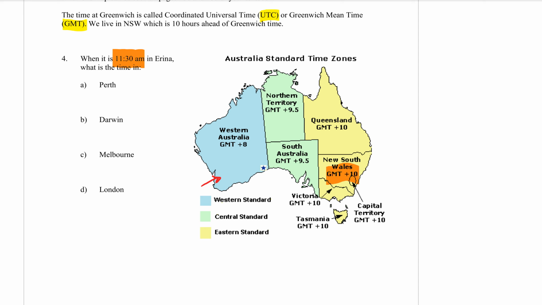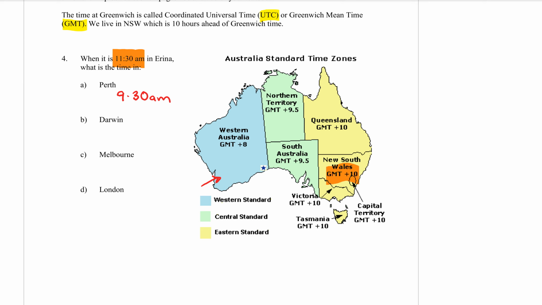So if New South Wales is a plus 10 Greenwich Mean Time, Western Australia is only a plus 8, which means that they are 2 hours behind us. Okay, so if it is 11:30 a.m. in Erina at the moment, I want to take 2 hours off that, which means it is only 9:30 a.m. in Perth.